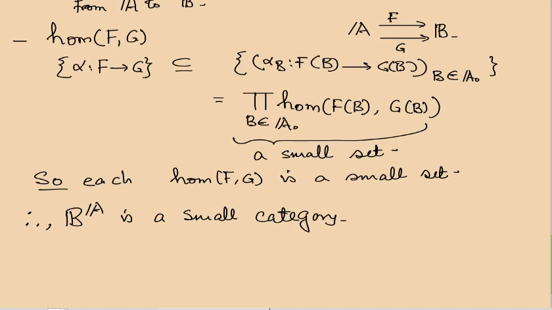So if A and B are small categories, the functor category of all functors from A to B is still a small category. So what did I say? Therefore, A, B in Cat implies it is a small category. It's an object, right? So Cat zero, the objects of Cat.